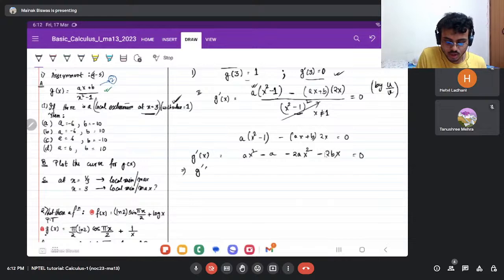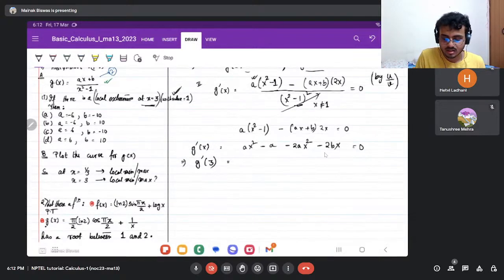Now g dash of 3 is said to be 0, right? So let's put the value 3 in this equation. So one thing you can do is subtract here. You will get minus ax square minus 2bx minus a equal to 0, or you can just put plus in all these, since it is equal to 0. So multiply by minus 1 on both sides and set x equal to 3.